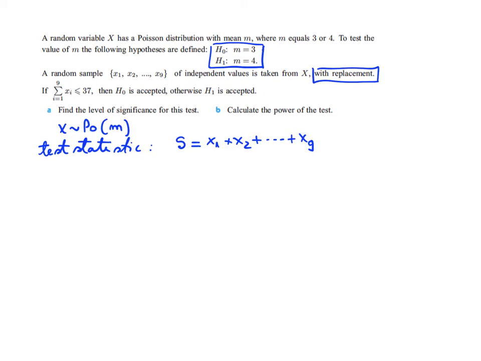So how we think about it is that we create 9 clones of the original distribution X. From each of the clones, we take one observation, and then we add those observations. We add what we see. What we see, of course, will be numbers to be able to add them, but that's less important. So we add what we see. The question is, what will be the sampling distribution of the test statistic?